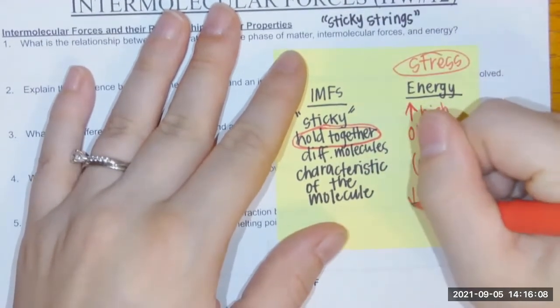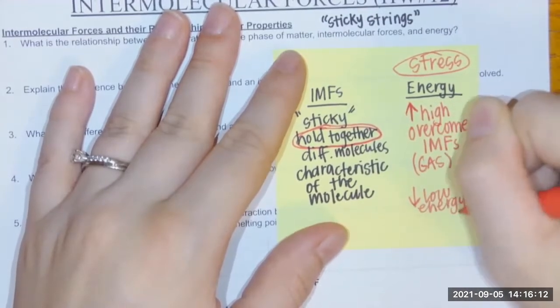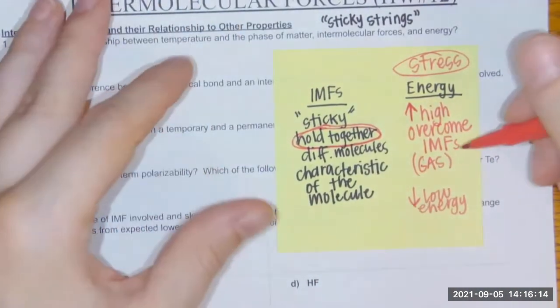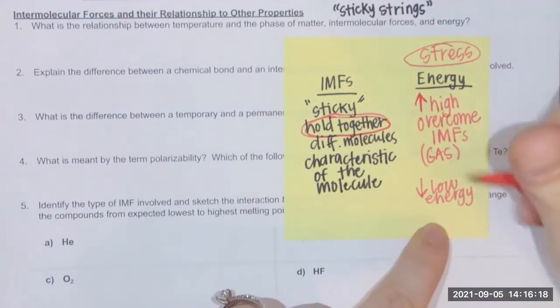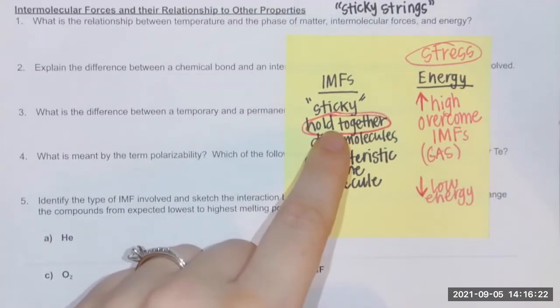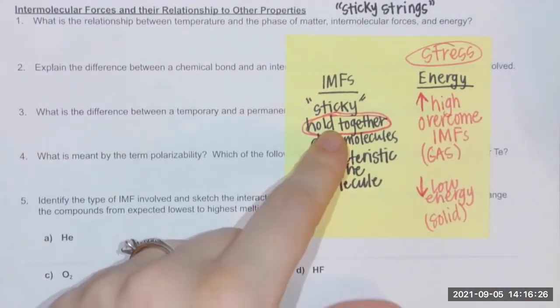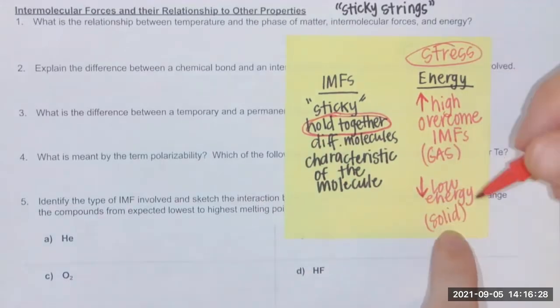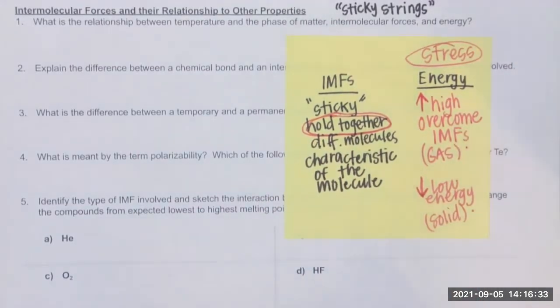On the opposite side, if we have very low energy, like when it's cold, things usually will change into either a solid or liquid state. The lower the energy, the better the IMFs are able to hold it together. So generally when things are cold, they'll be solids, you heat them up and they become gases.